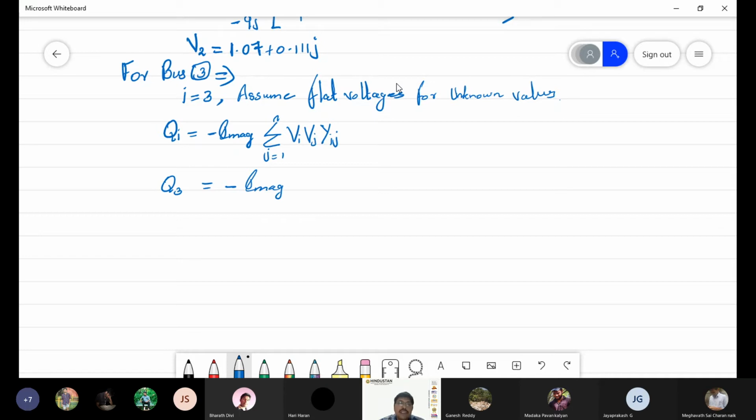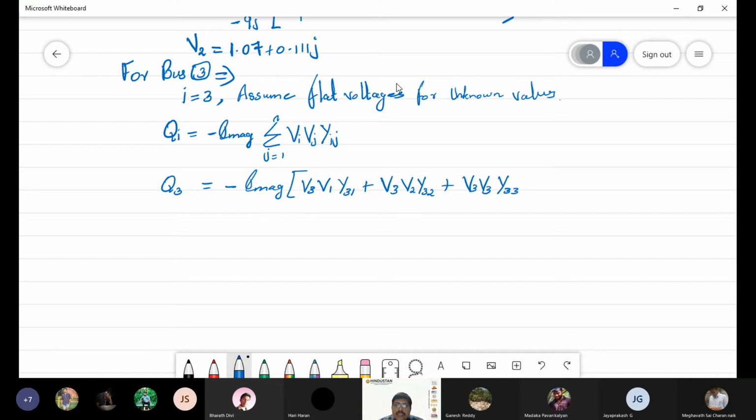Let us expand this. Here i is 3 and j starts from 1, that is V3 into V1 Y31, plus V3 V2 Y32, plus V3 into V3 Y33.